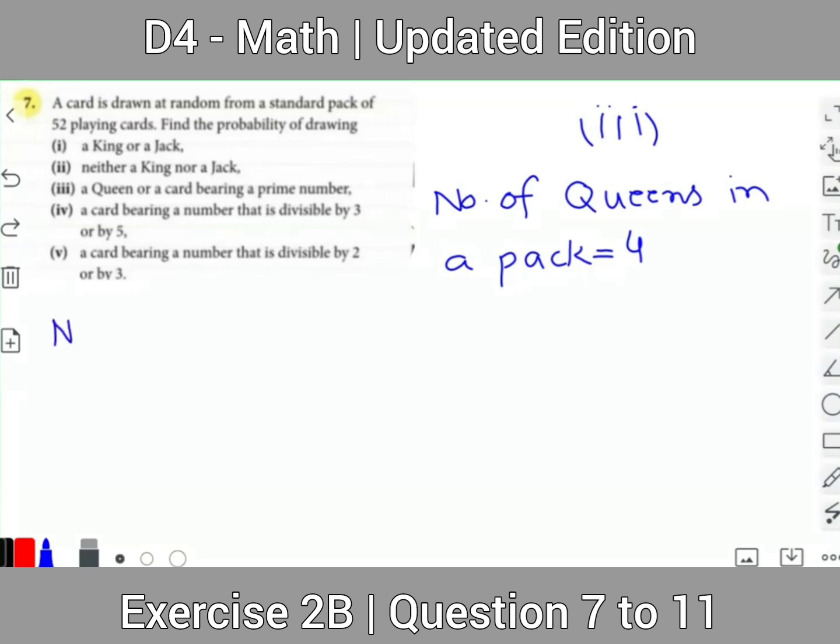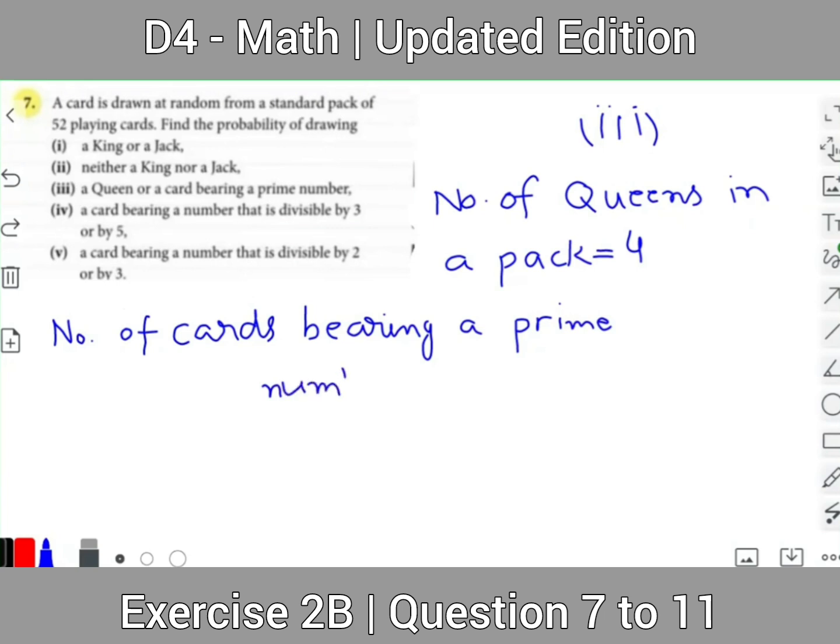So the number of cards bearing a prime number will be equal to 4 add 4 add 4 add 4, and that will be equal to 16, since every suit has its own card bearing a prime number in a pack.